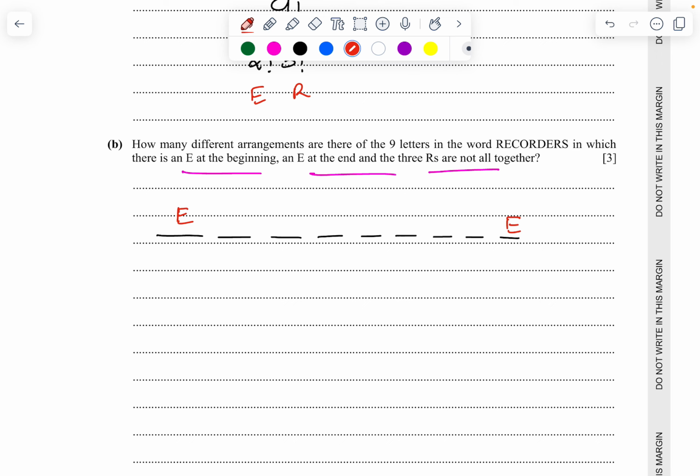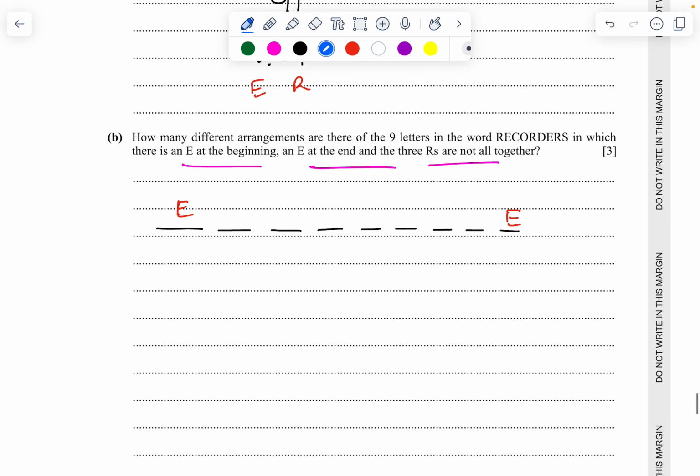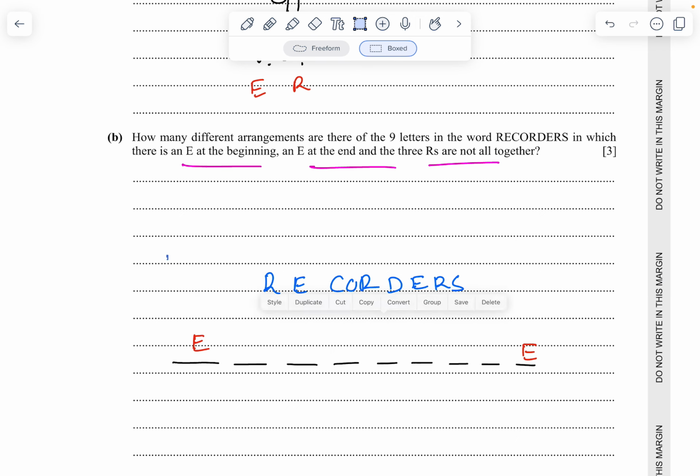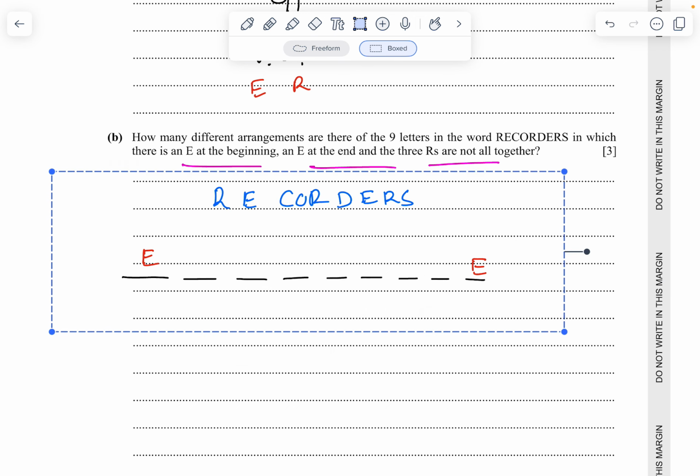So write the word recorders. Move this one down and move this entire one up.